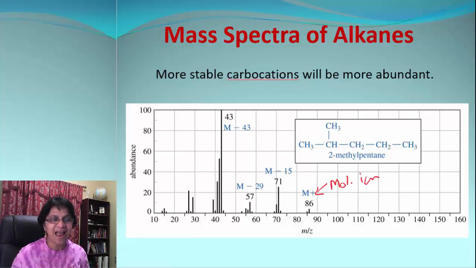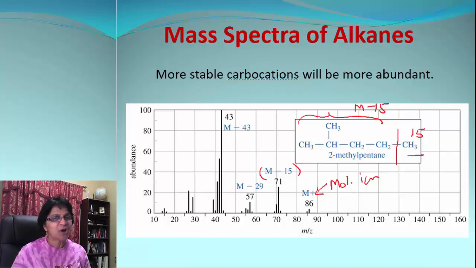Pair of scissors in our hand, and we're going to start chopping one by one. What if I cut it off over here? That will be removing that methyl group, which is 15. And the remaining structure will be M minus 15. That's what we are getting by the peak at 71.